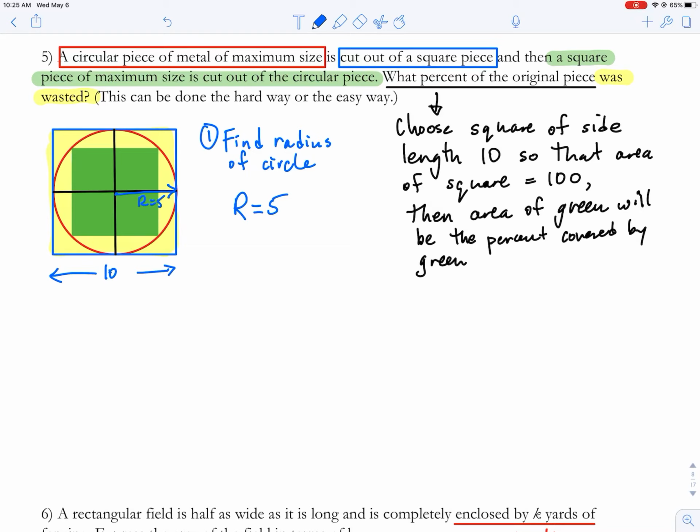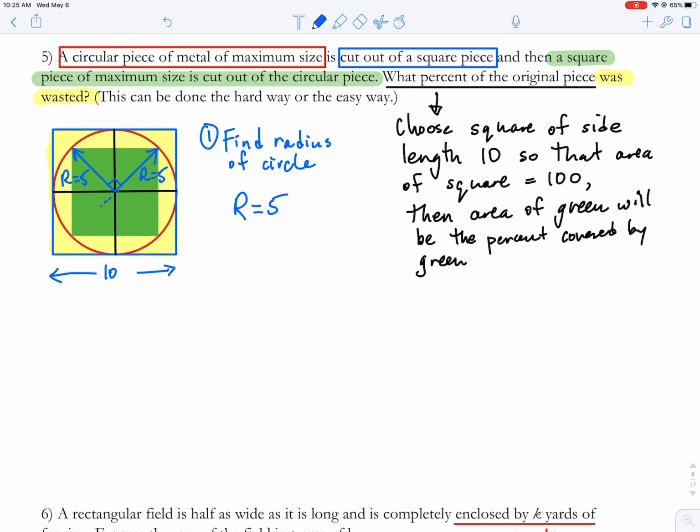But also, it also means that if I start at the center and go to the edge of my circle like here, that radius is going to be 5. And if we go here as well, also a radius of 5, I now have my square.